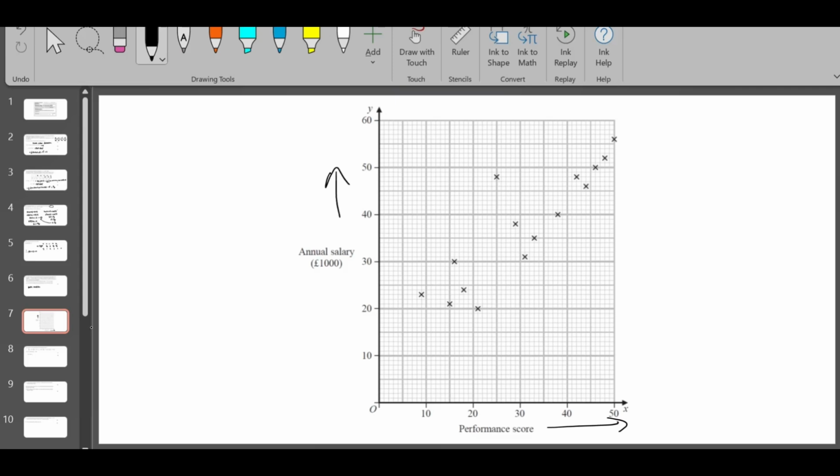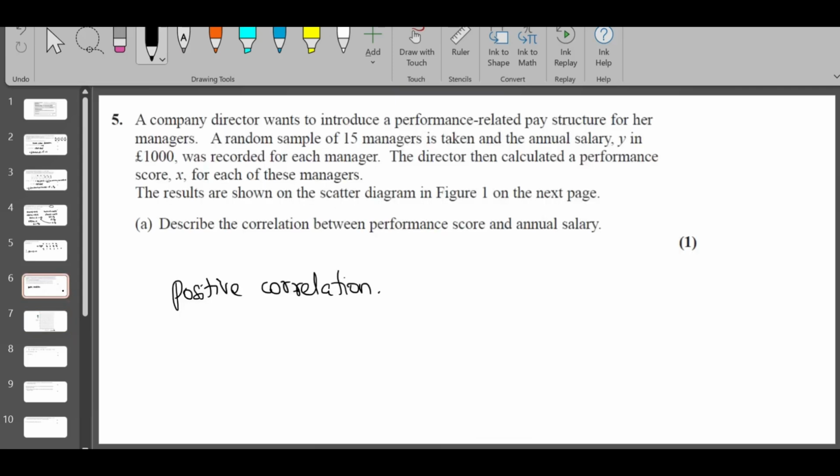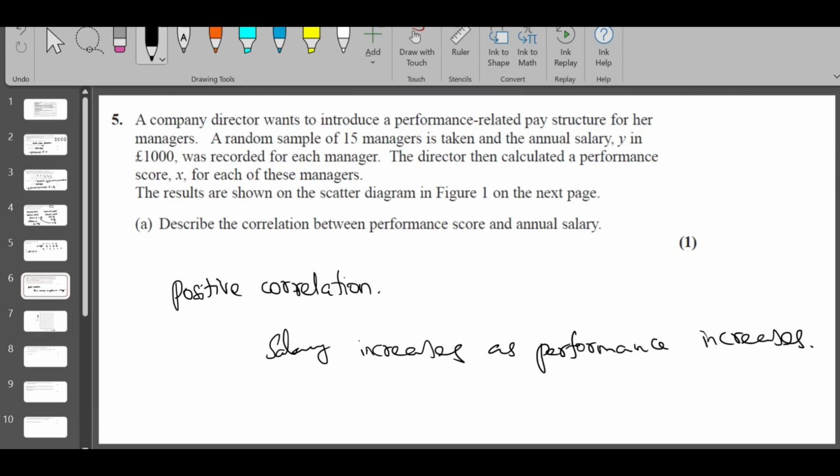So you can write salary increases as performance increases. You don't need to write this. As long as you write positive correlation, you will get a mark.